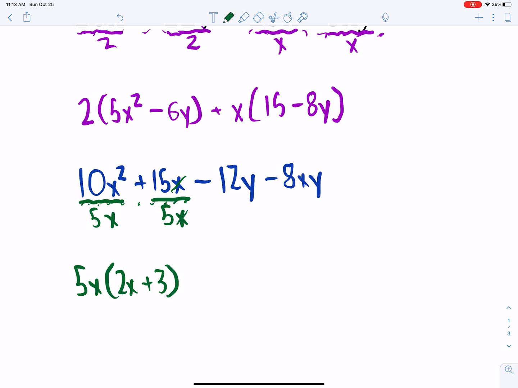Now here, looking at the next one, we've got a 12 and an 8, which are both divisible by 4. And we also have a y. So we're going to divide both of them by 4y. Here's another trick, though, that's very important to remember when you're doing factoring by grouping. If your group starts with a minus, you need to make sure that you're factoring out something negative.